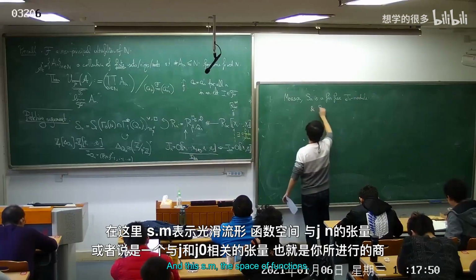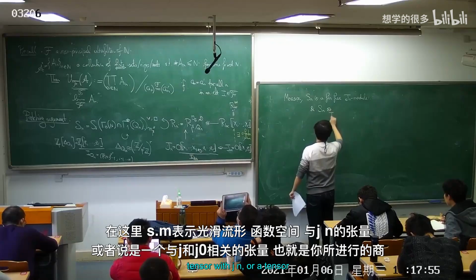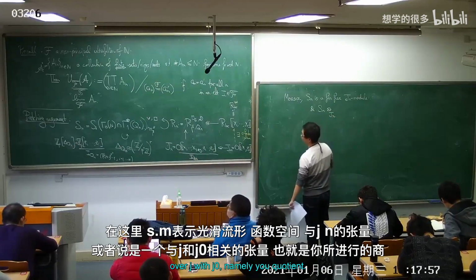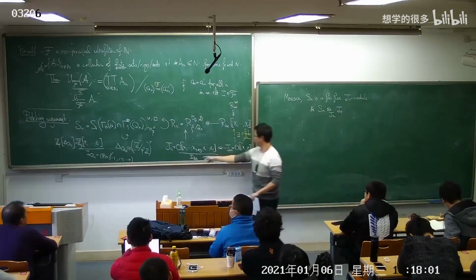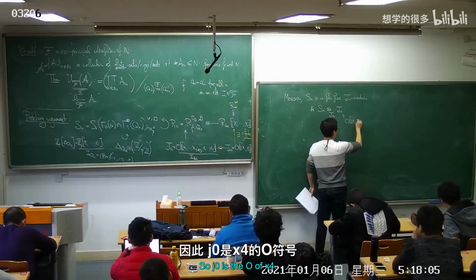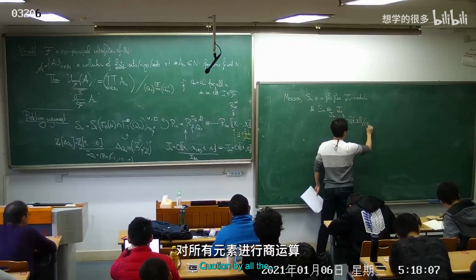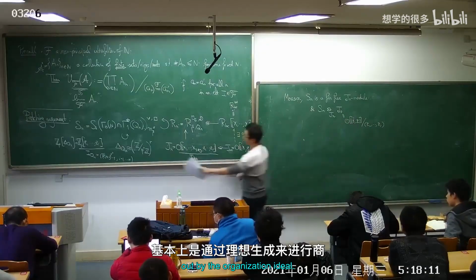And this Sn, the space of functions, tensor over Jn with J0, namely you quotient. So J0 is the O of X bar, quotient out by basically the augmentation ideal of this group here.